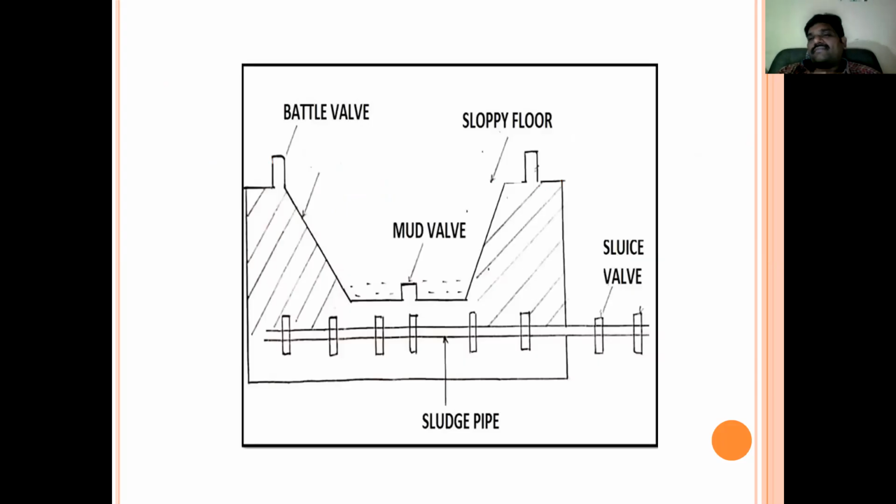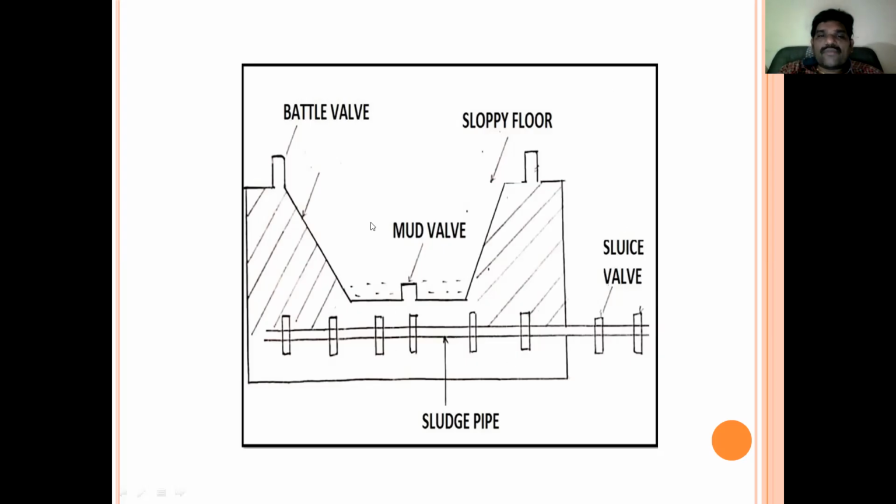This is the sludge zone, where the particles settle. The zone is constructed in a sloping manner, and the flow is controlled by a wall. Through this wall, with a pipe, the sludge will be taken off, and the flow will be controlled by a sluice wall. Understand?